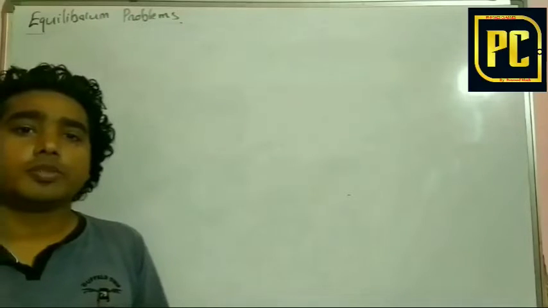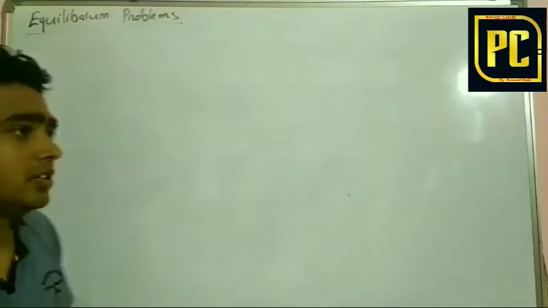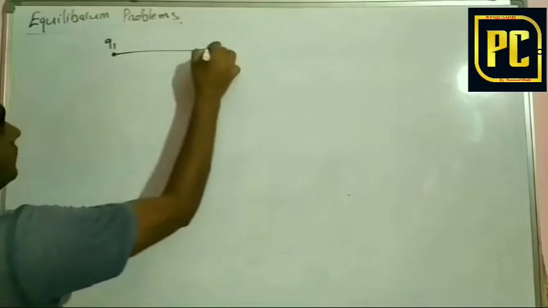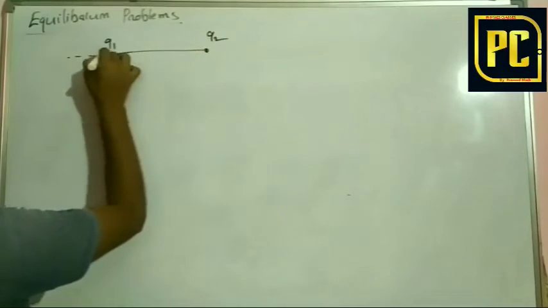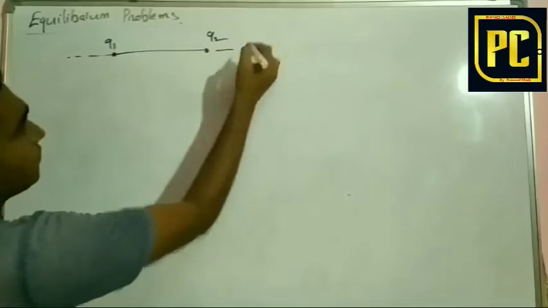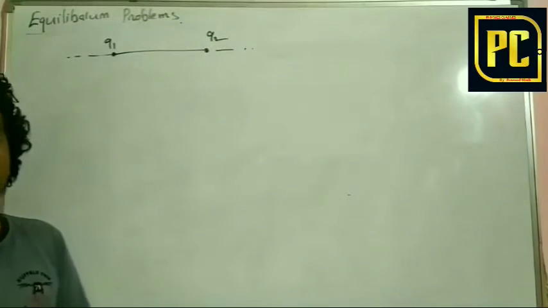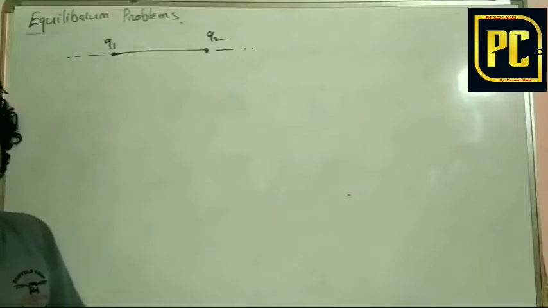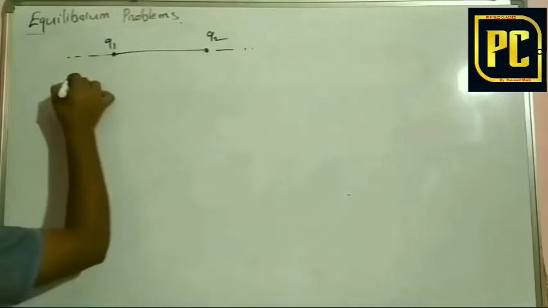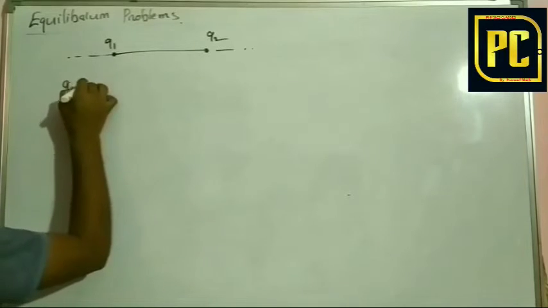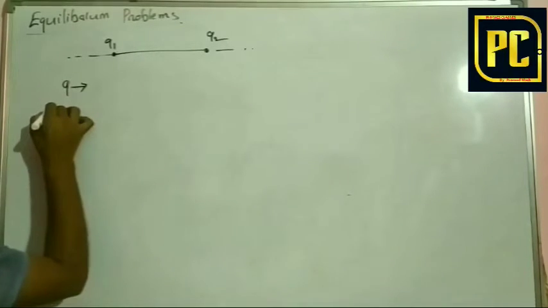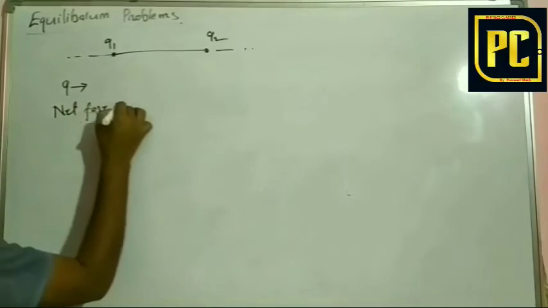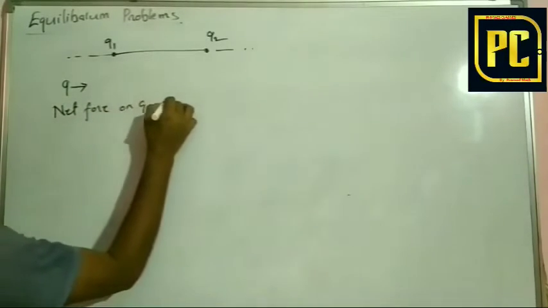Now in these equilibrium problems, we will see that if I have two point charges Q1 and Q2, and this is the line joining the charges, where should I place the third charge so that the total force on the third charge will be 0? If I have a third charge, say Q, the net force on Q must be 0.